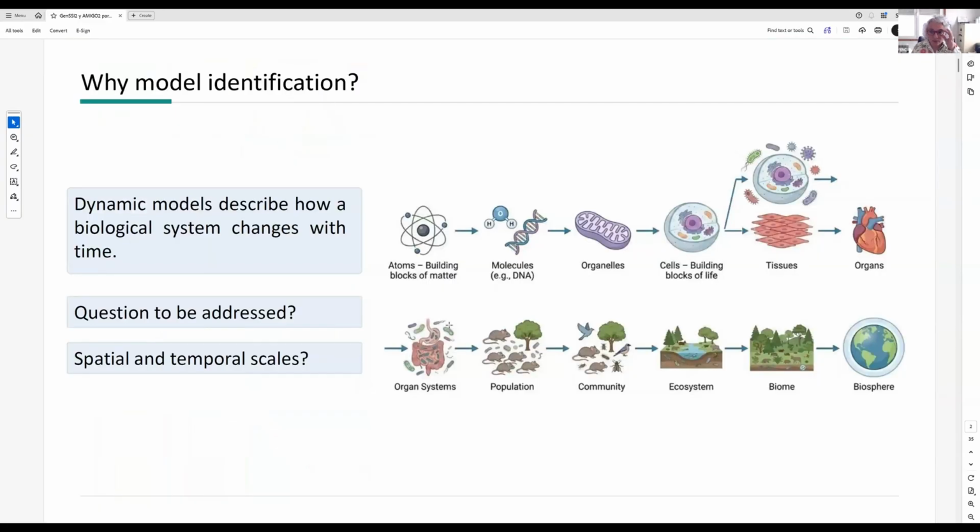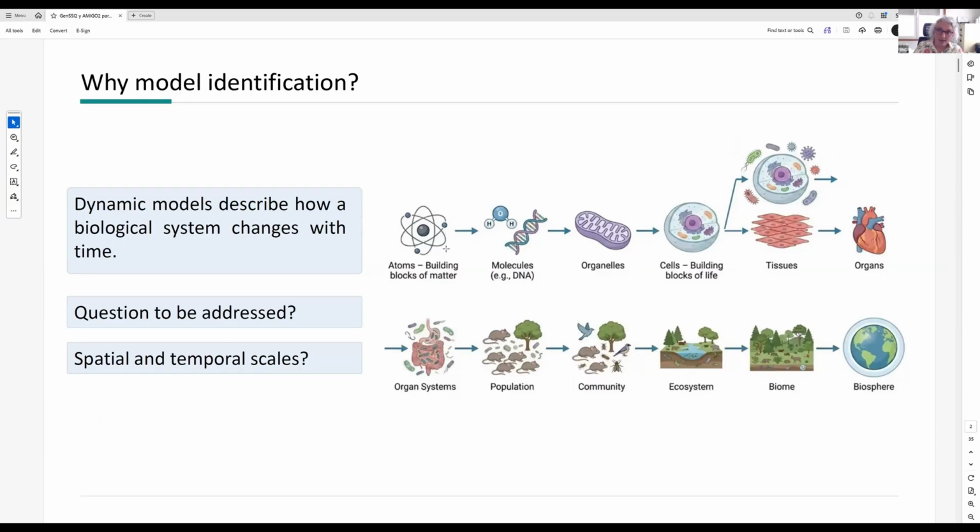Biological systems, or a question about a biological system, is the result of a collection of events that happen through time and through space. And those events may happen in very different scales.